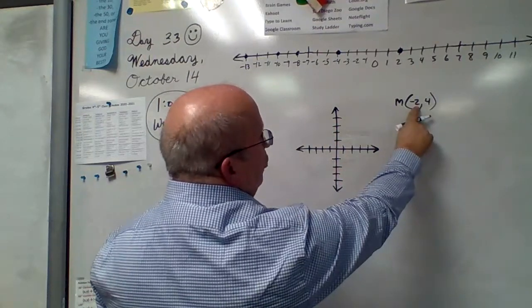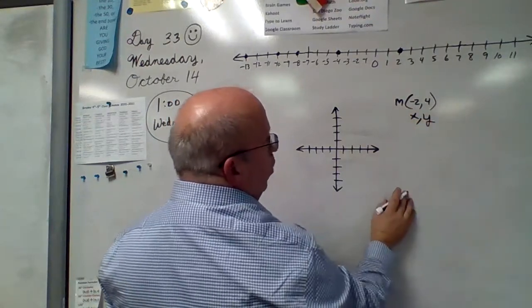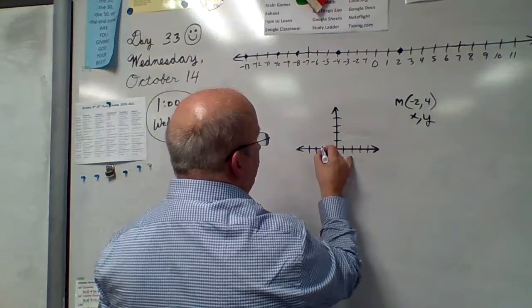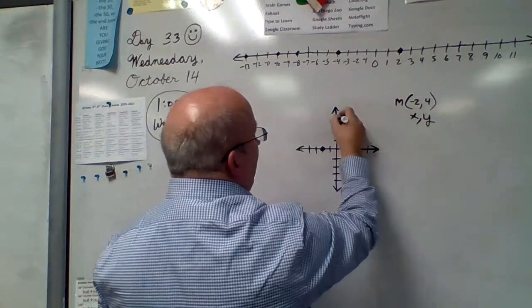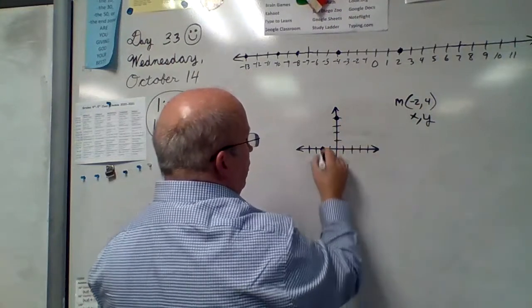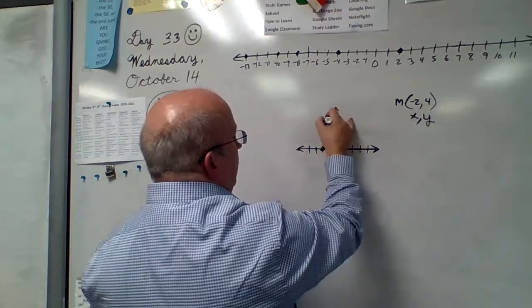Where is negative 2 on the x-axis? Remember, we do x first, then y. Negative 2 on the x-axis is right here. Where's positive 4 on the y-axis? That's way up here. Where would those two meet? They would meet right about there, wouldn't they? So we're going to put our dot here.